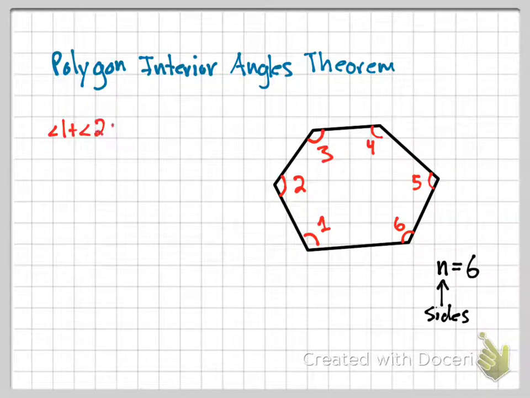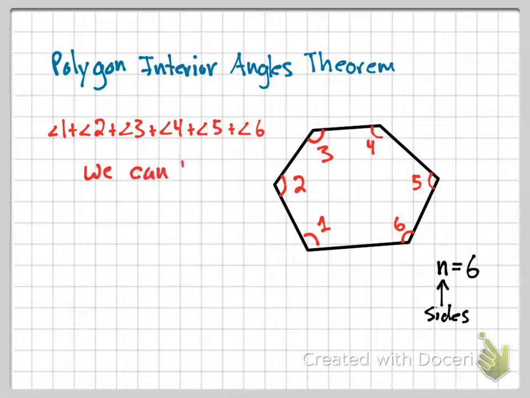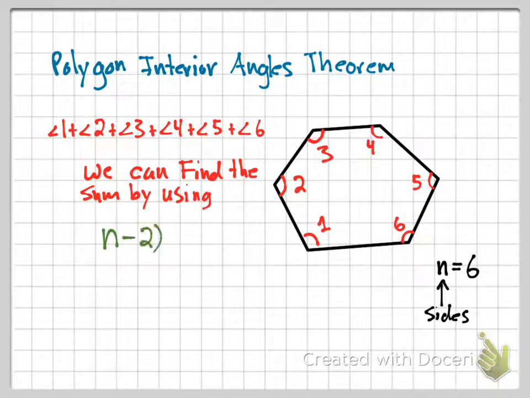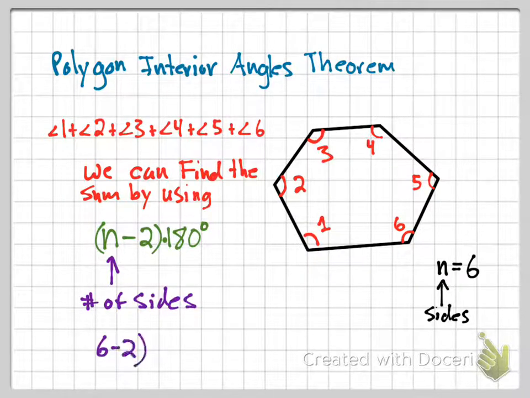Let's say I wanted to add up all of the angles and find their sum, what they add up to. We can find this by using a formula. This is the formula: n minus 2 times 180, where n is the number of sides.